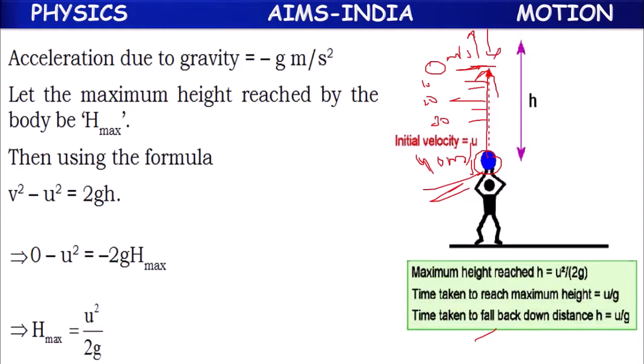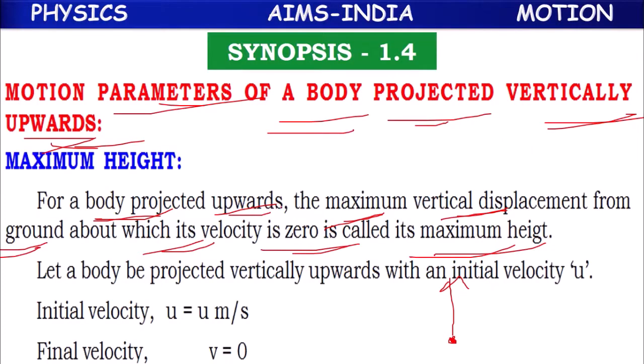So from the initial point to the point where the velocity is 0, whatever distance is traveled by the body is called the maximum height reached by the body.